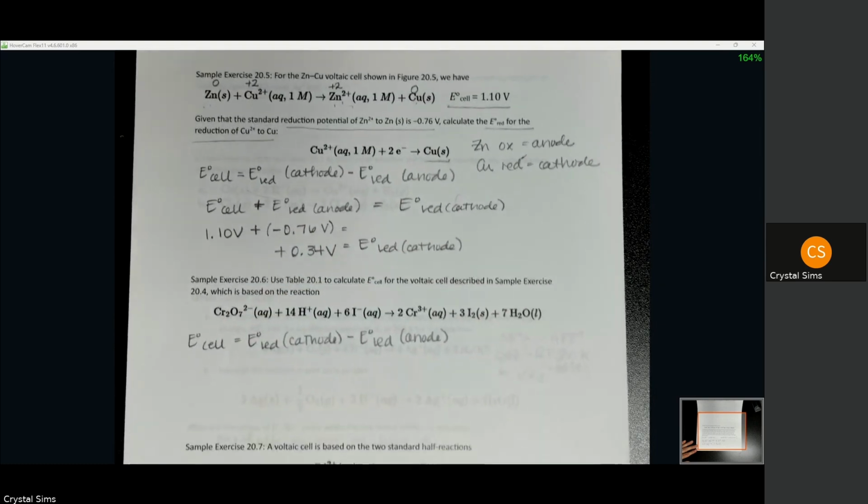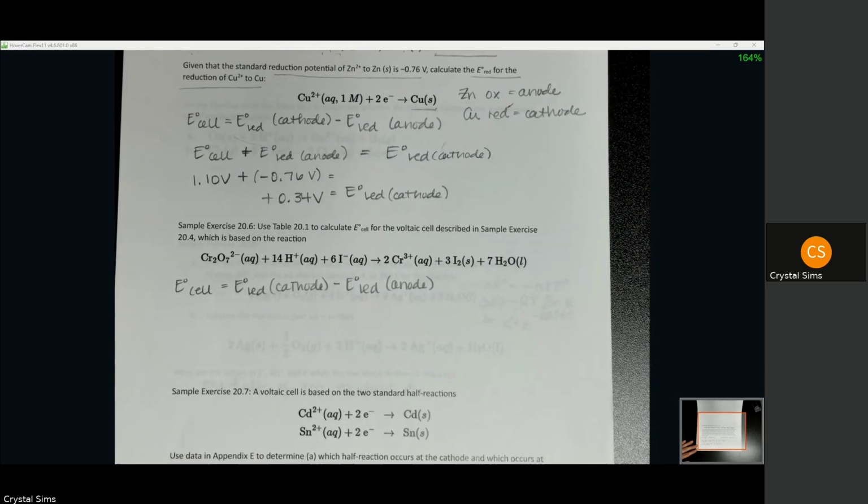Okay. So now we have a different example of using this equation. We've got the same cell that we just looked at in exercise 4, and they want us to calculate our standard cell potential. They did not give us any information here, so just like we did in the first one, we're going to have to figure out what's our cathode, what's our anode, and get our values for those.